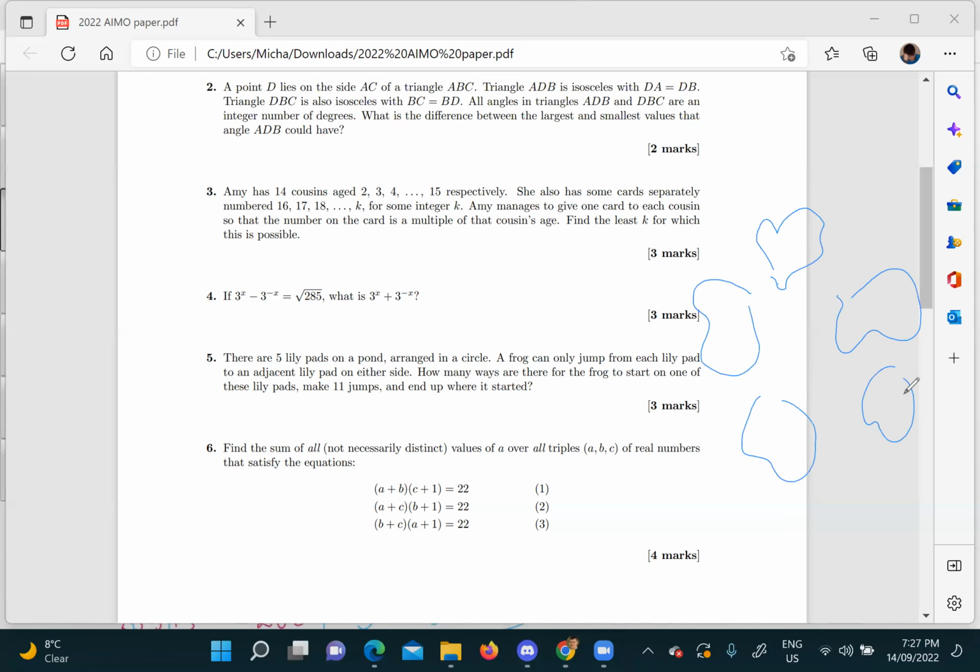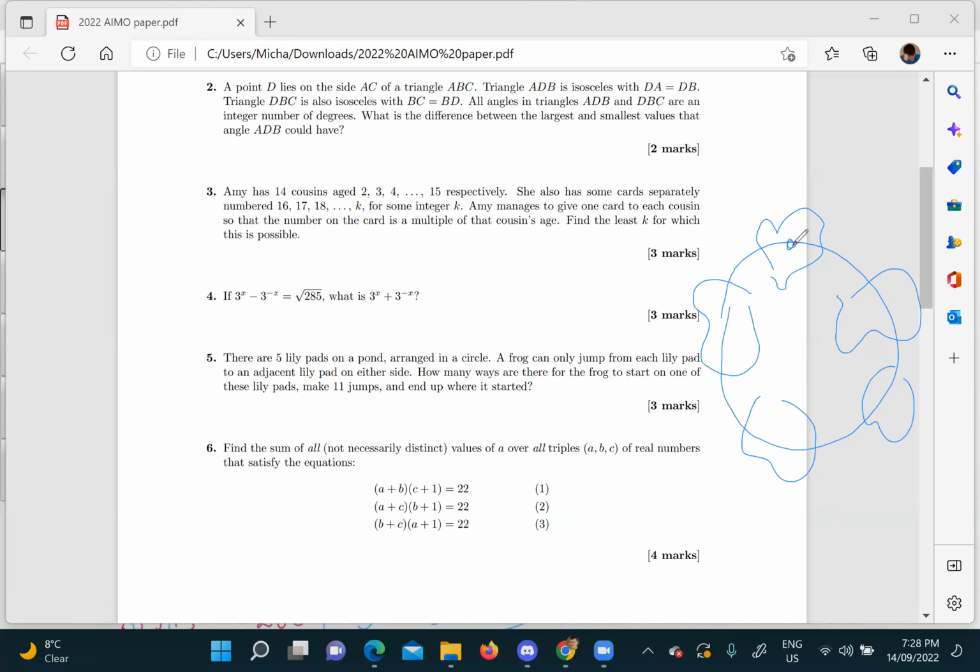So what does it mean to even be arranged in a circle? Basically it makes a circular shape. Okay, the circumcircle of the lily pads. Doesn't really matter. A frog can only jump from each lily pad to an adjacent lily pad on either side.